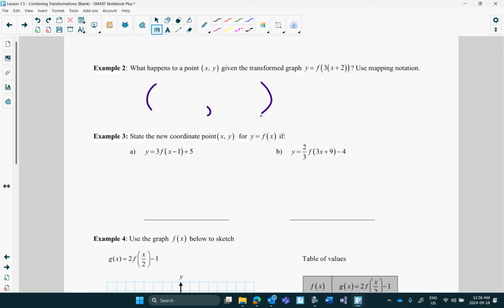So let's look at the 3. What's that doing? Horizontal stretch, which affects X or Y? X. And what do we do with the X? Stretch it by a factor of 1/3, which means multiply by 1/3.